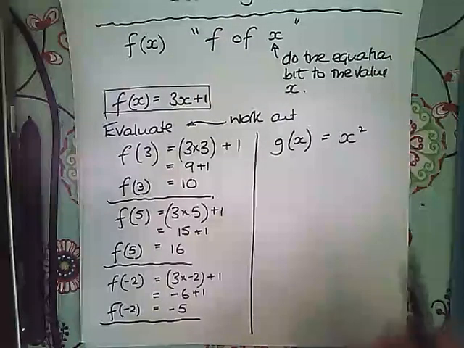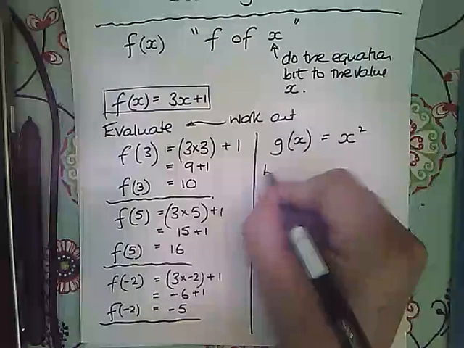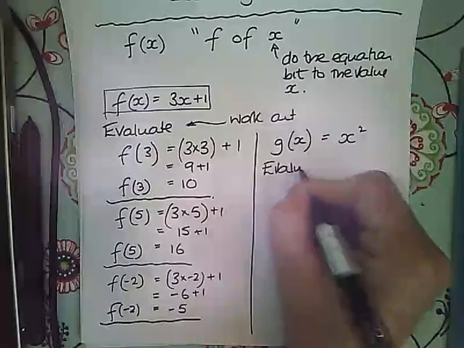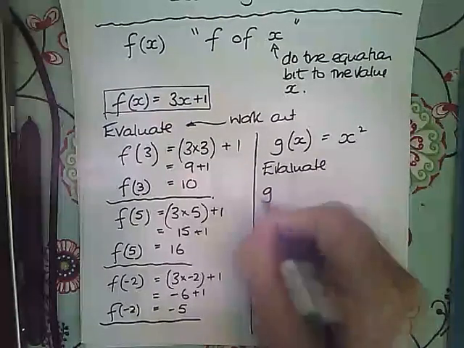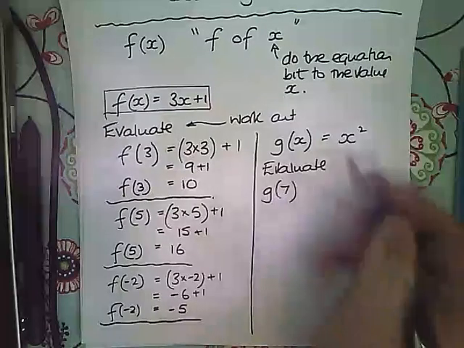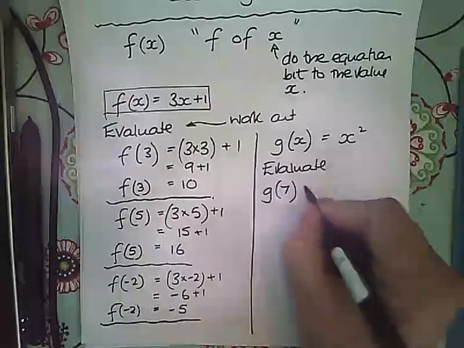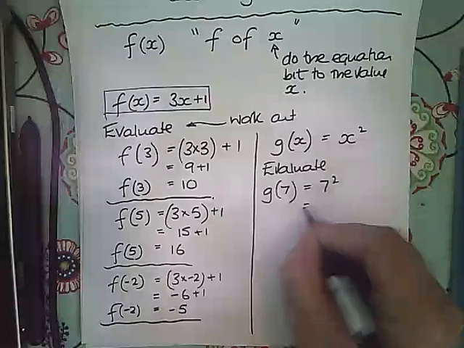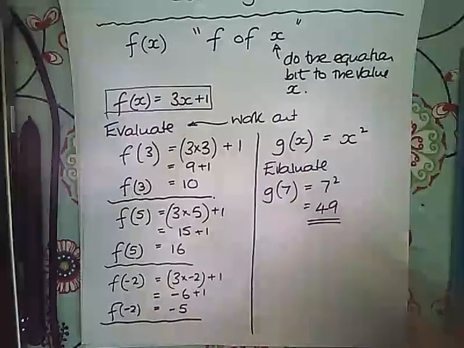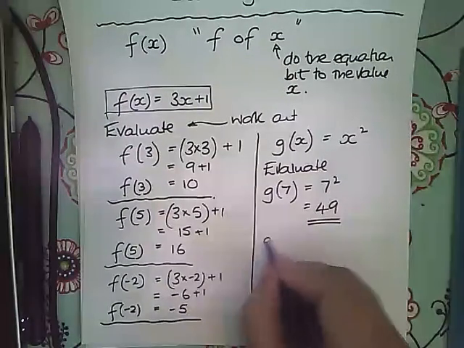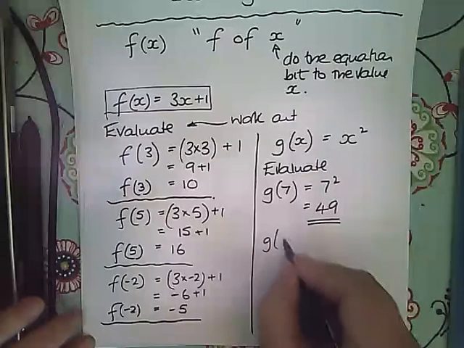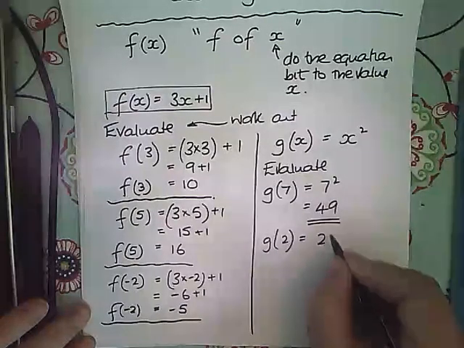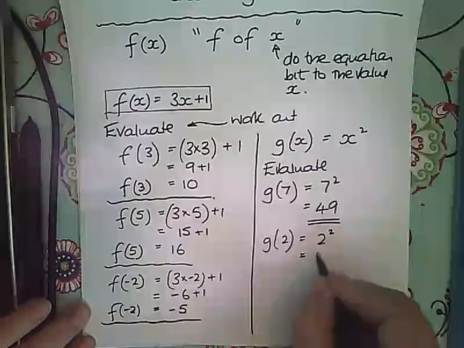So if I want to evaluate g of 7, I'm using this function, so it would be 7 squared, which would be 49. If I wanted to do g of 2, it would be 2 squared, which would be equal to 4.